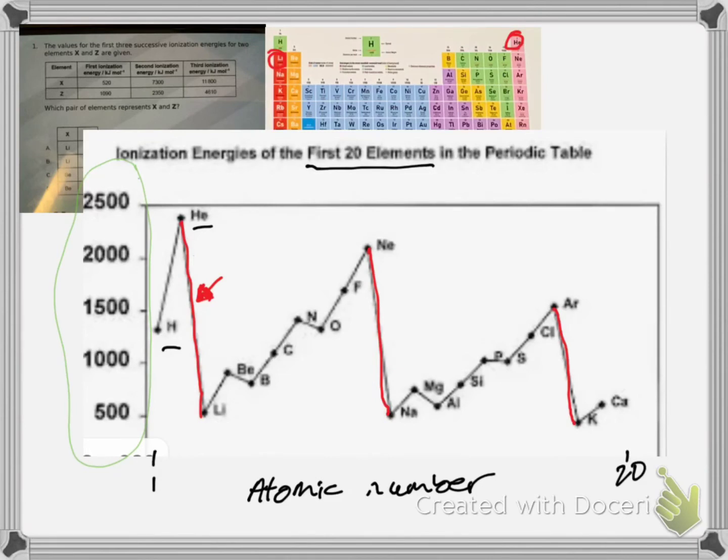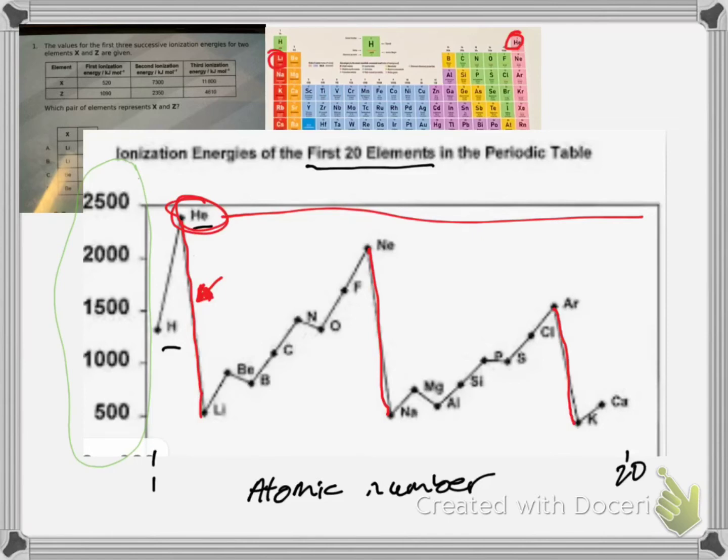The reason helium has the highest energy in this graph is that helium has 2 protons and 2 electrons. The two electrons are in the lowest level and are held tightly by the two protons, which makes it pretty hard to remove the first electron.